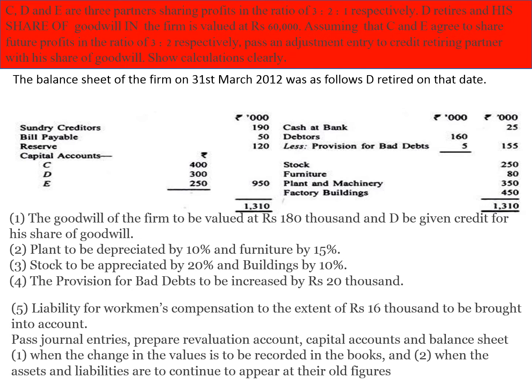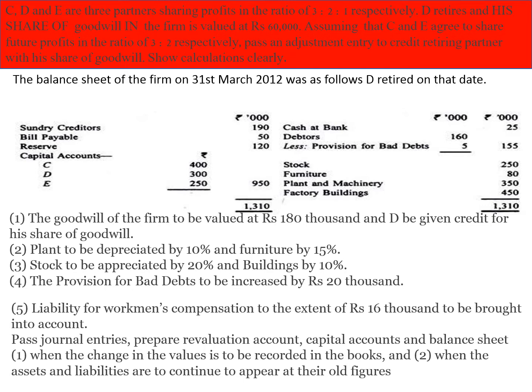You are to show the changes in the value of assets and liability in the books. And second, when the assets and liabilities are to continue to appear at their old figures, that is, in the new balance sheet you are not to show the changes. Assets and liabilities are to appear at old value.